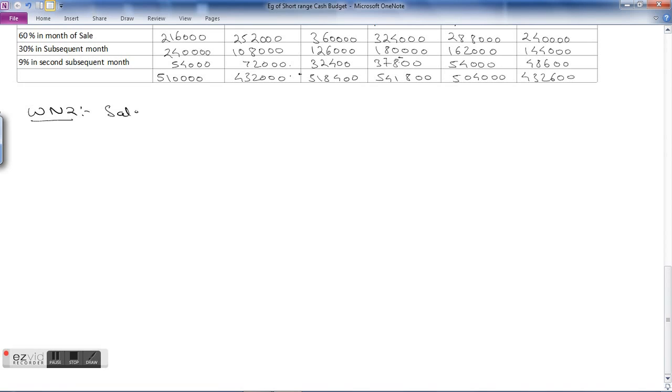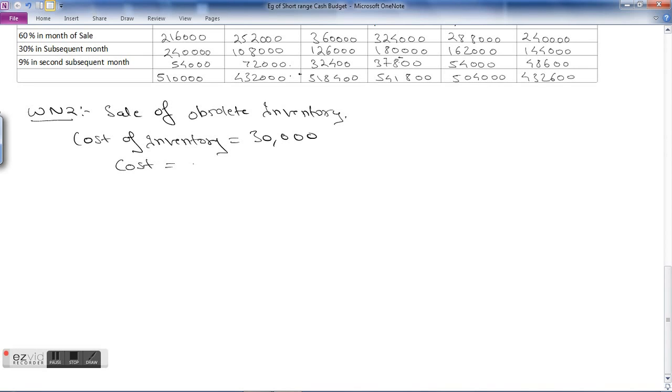Sale of obsolete inventory. Okay, so cost of obsolete inventory is 30,000. It's given, right? Now what is given is cost is 60% of selling price, that is 30,000 is 60% of selling price.